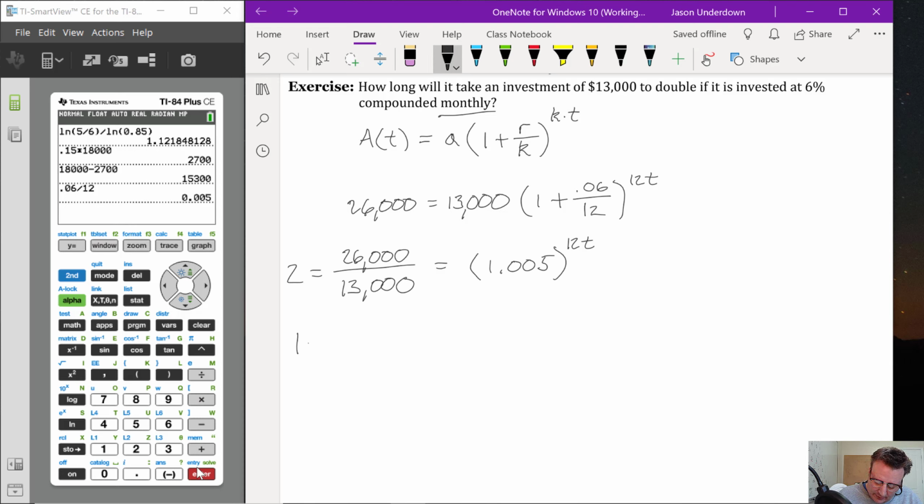So I get the natural log of 2 equals the natural log of 1.005 raised to the 12t power. But remember, I can use the exponent property of logarithms to rewrite this as 12t times the natural log of the base 1.005.